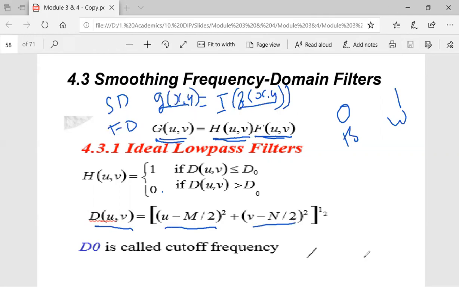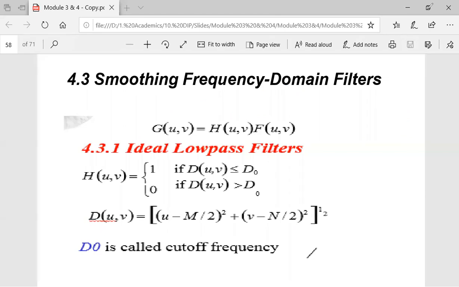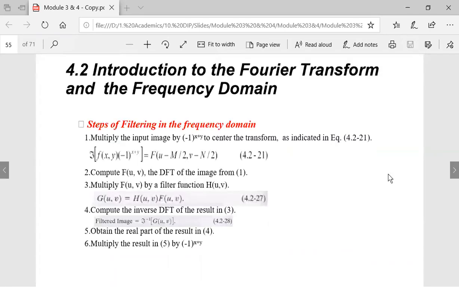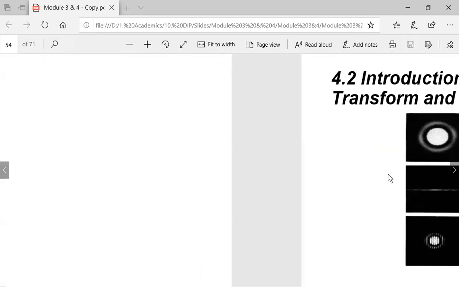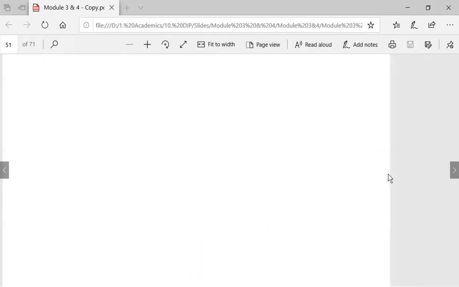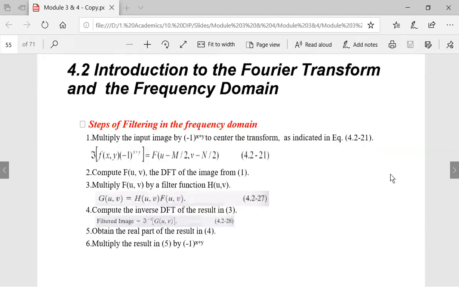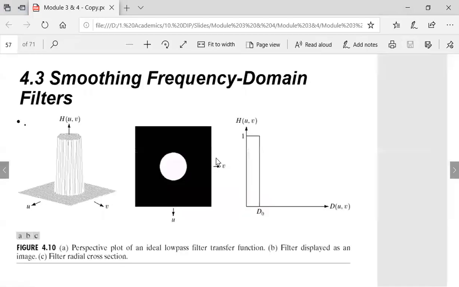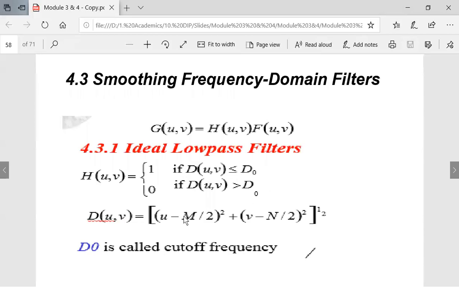This we have seen in the previous slides. D0 is called the cutoff frequency.